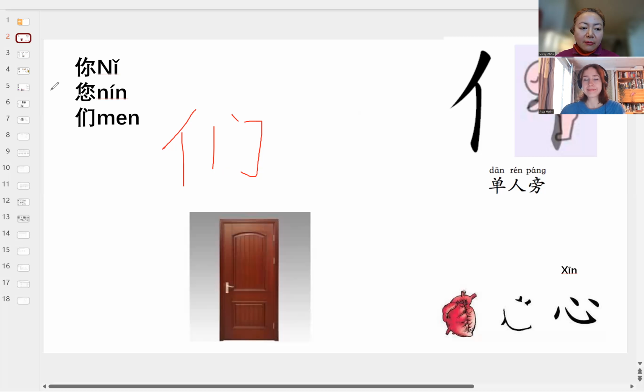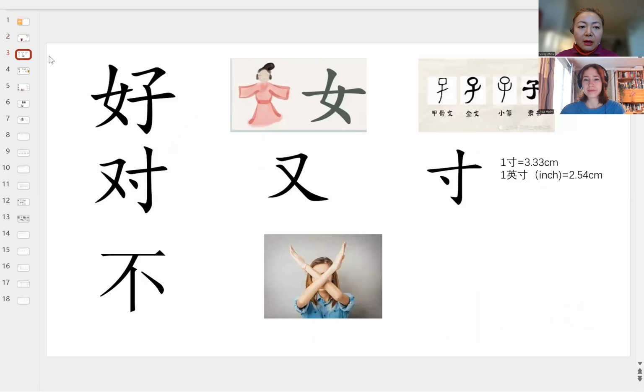Let's continue. Let me take a look here. Just now we talked about how we have female and kids here. Combine them, and this is how I explain it to my students: female can be a girl, and kids 子 can also be a son.